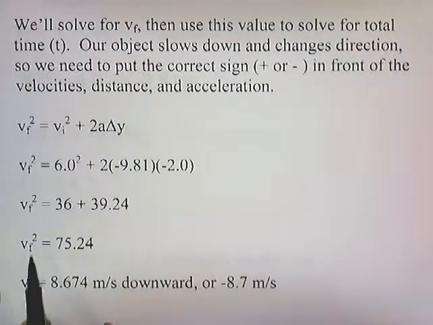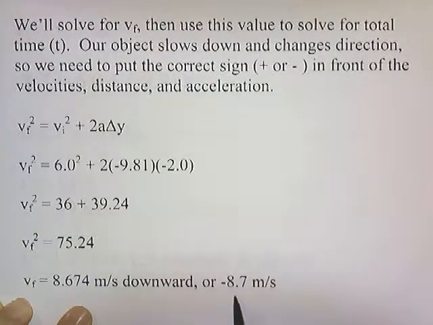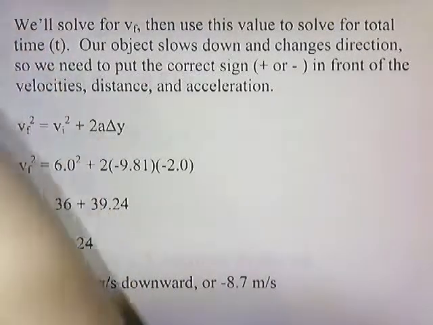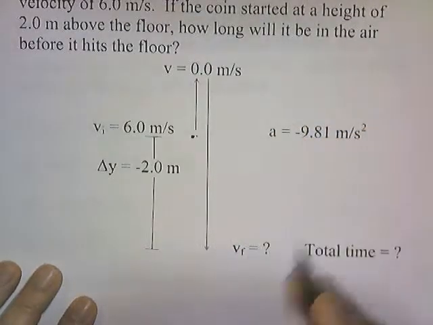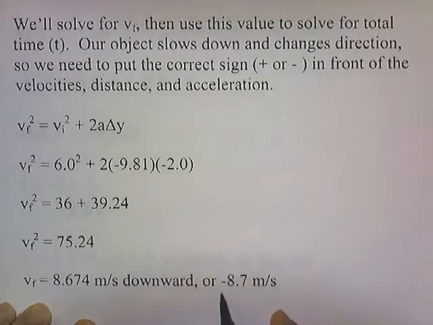Then take the square root, and you'll get 8.674 meters per second downward, or -8.7. Again, velocity, you have to indicate direction. In our picture, when it smacks into the ground, it's traveling downward, so the velocity is going to be a negative value. So we write -8.7 meters per second.